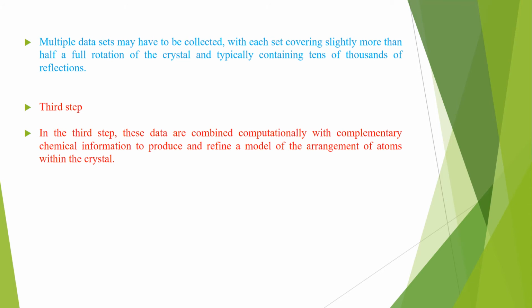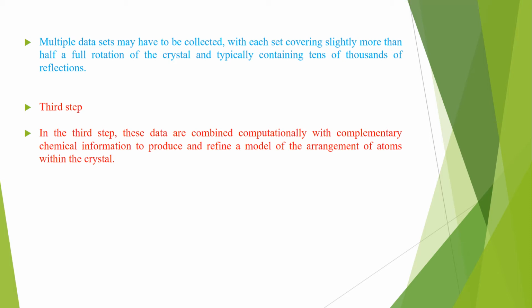Multiple data sets may have to be collected, with each set covering slightly more than half a full rotation of a crystal and typically containing tens of thousands of reflections.